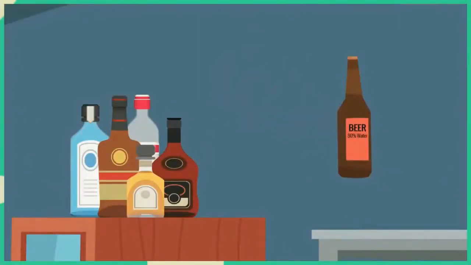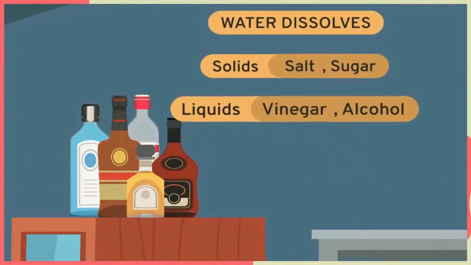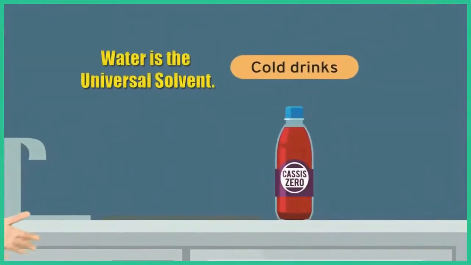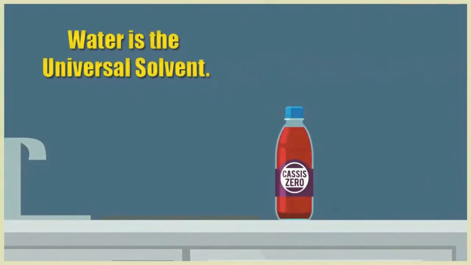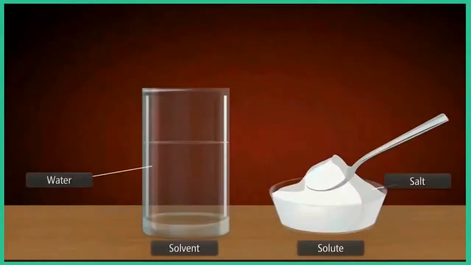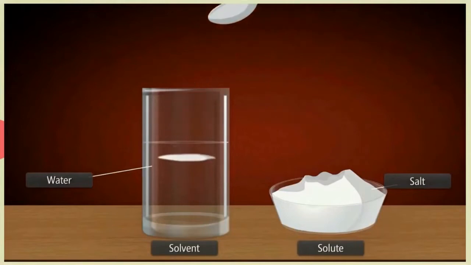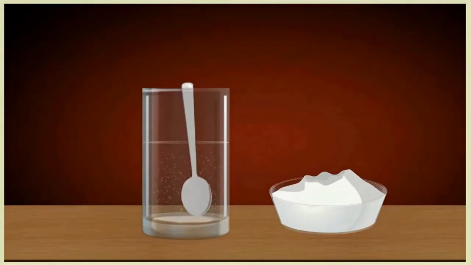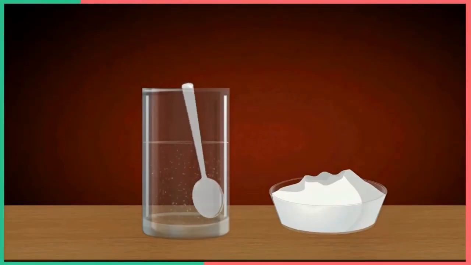All states of matter can be dissolved in water, making water the universal solvent. It dissolves more substances than any other. Without water's dissolving properties, most of the processes and conveniences that people enjoy today would not be possible.